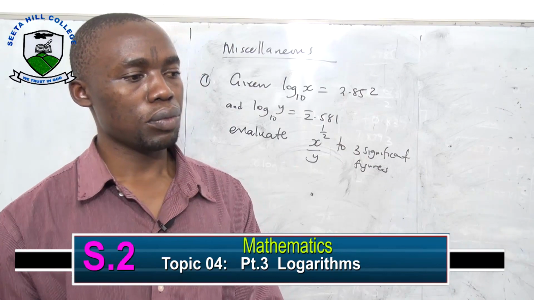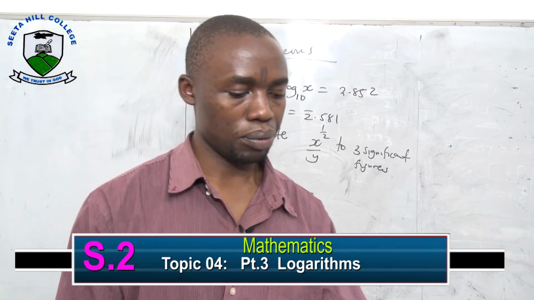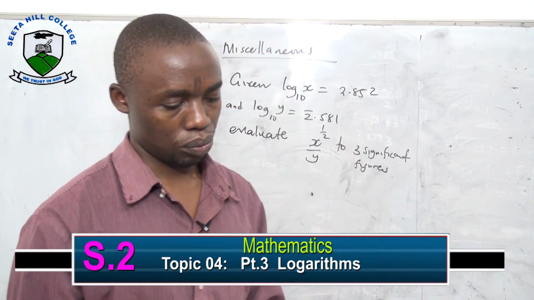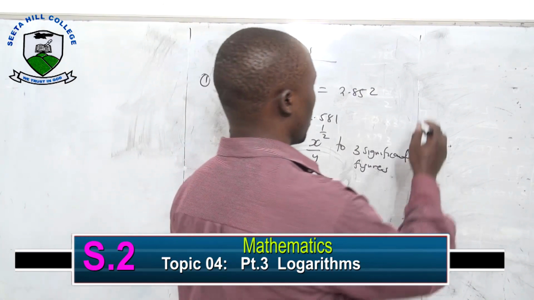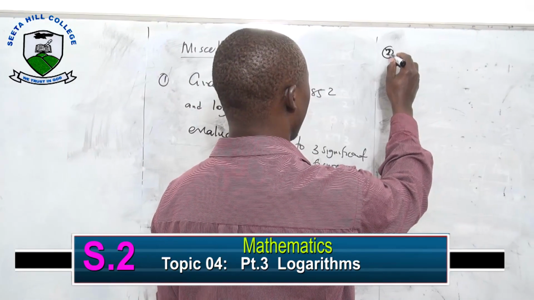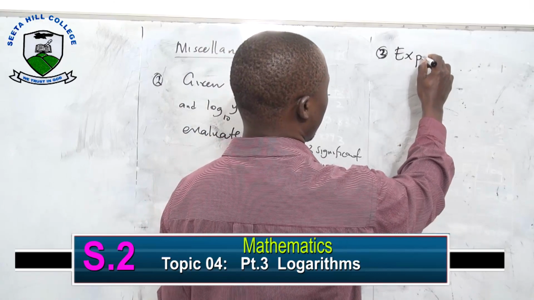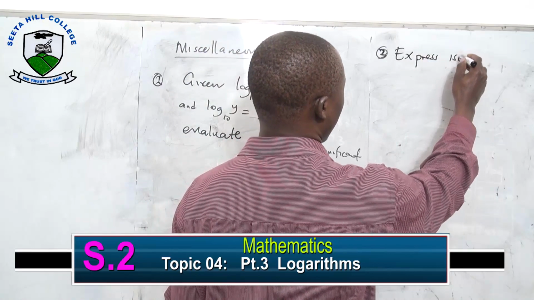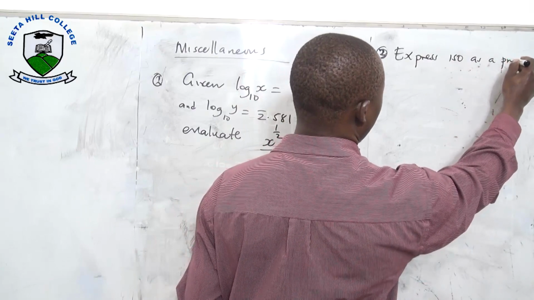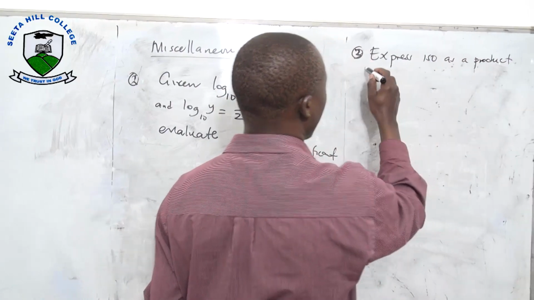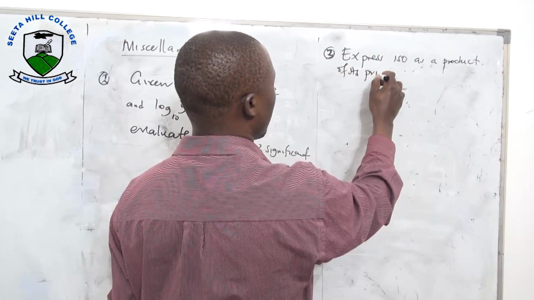Yeah. Let me also put this one as number 2, number 3. This was number 2. Express 150 as a product of its prime factors.